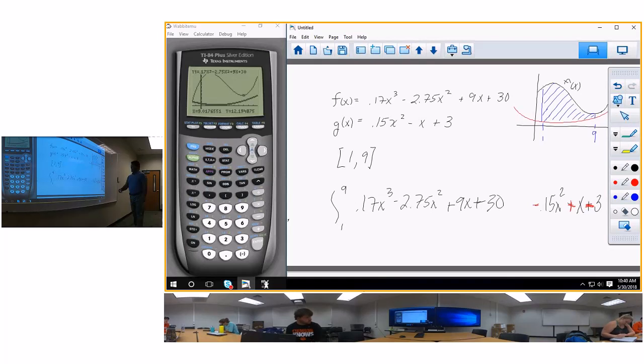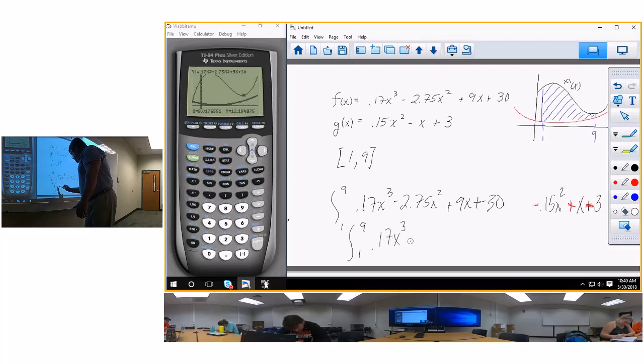So now we've got the antiderivative from 1 to 9 of 0.17 x cubed minus, well, what is, somebody check me, that'd be negative 2.9 x squared.